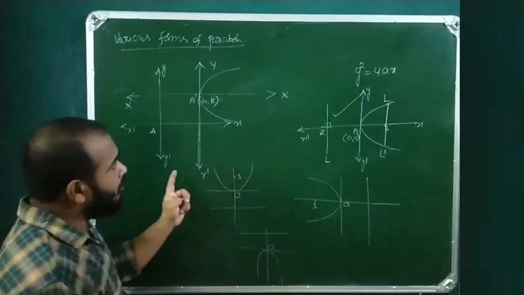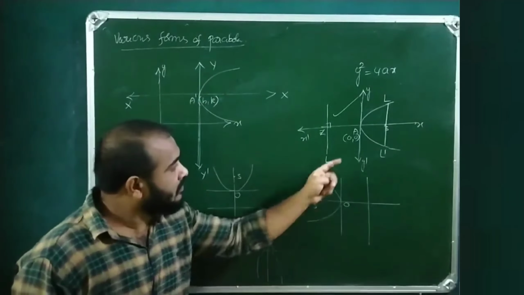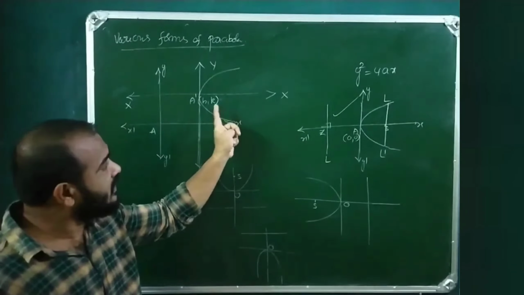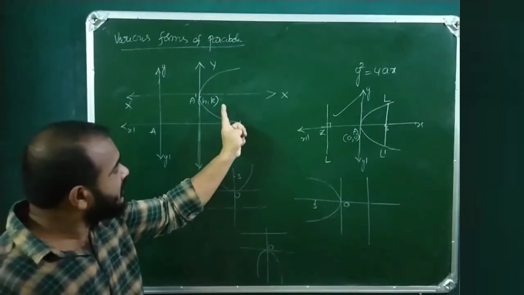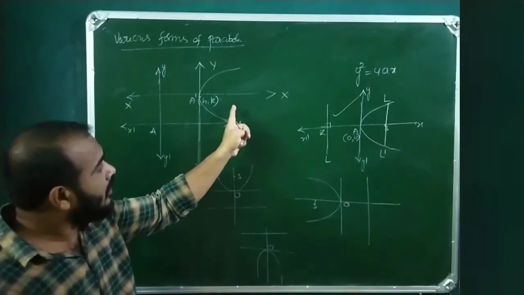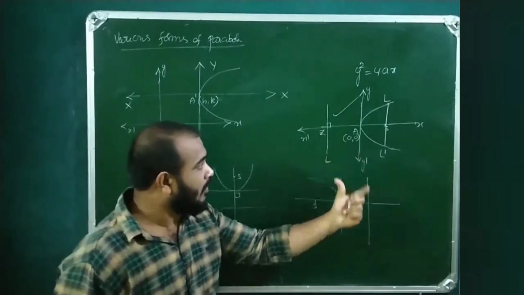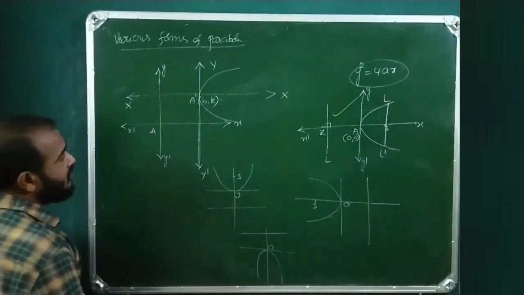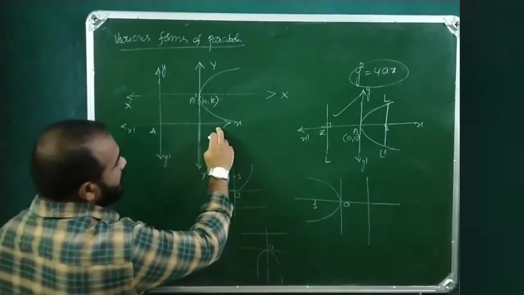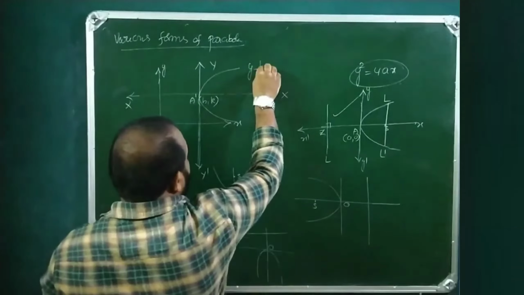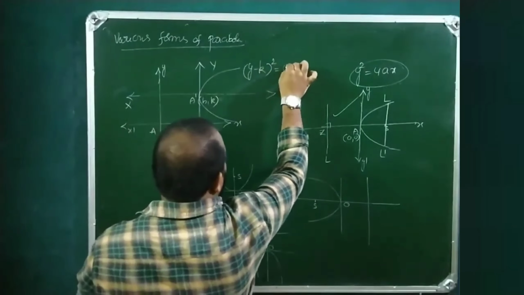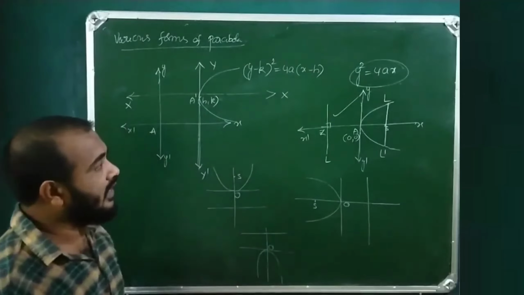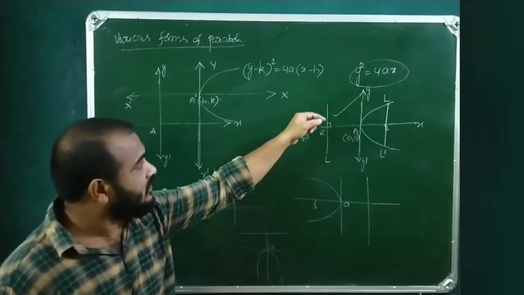The parabola may obtain this case also. This is the transformed version of this parabola. What is this parabola? y square equals 4ax. And now this is y minus k whole square equals 4a into x minus h.